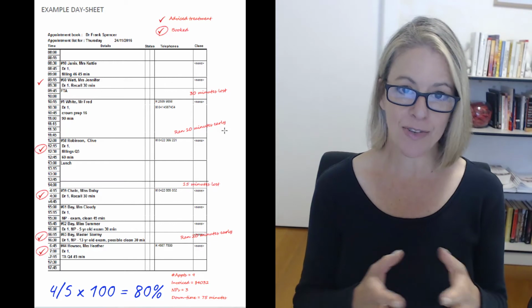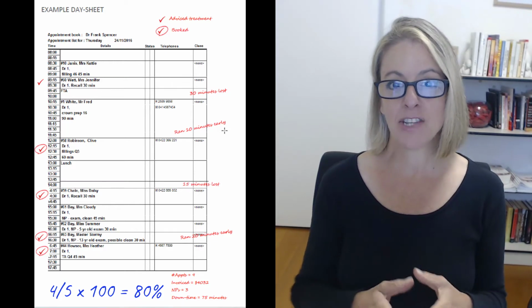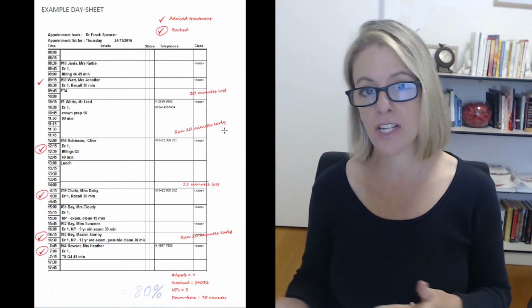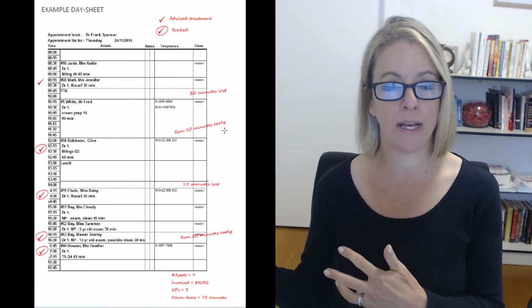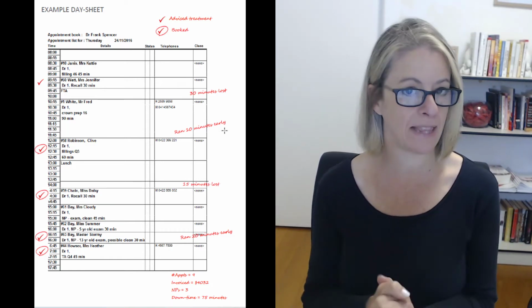Now, as receptionists know, some patients do need to go off and refer to a work diary or schedule or organise a call to their health fund before they can make that booking.